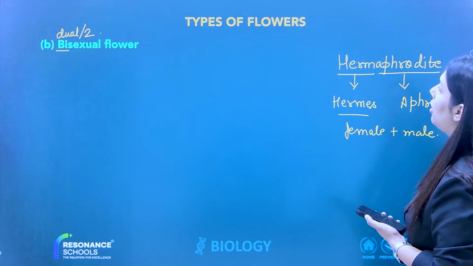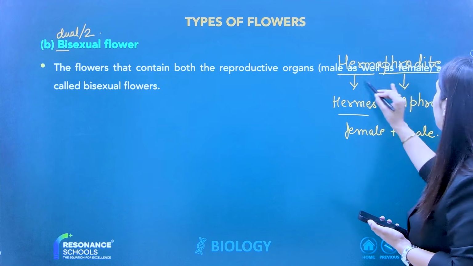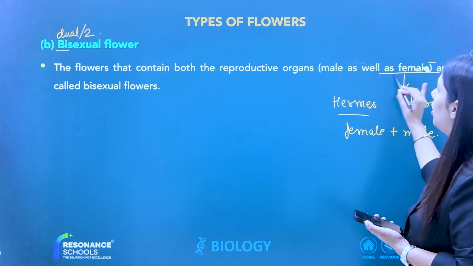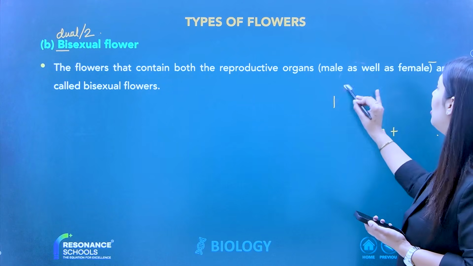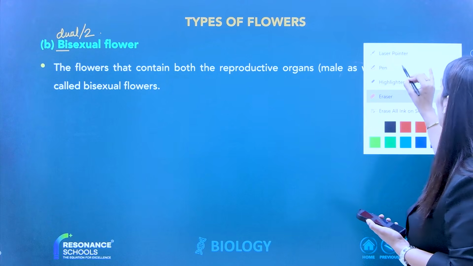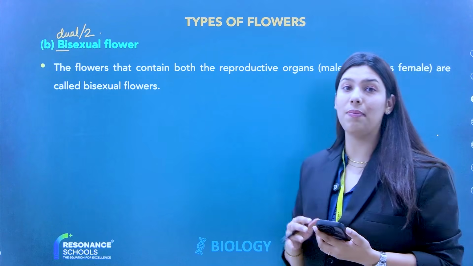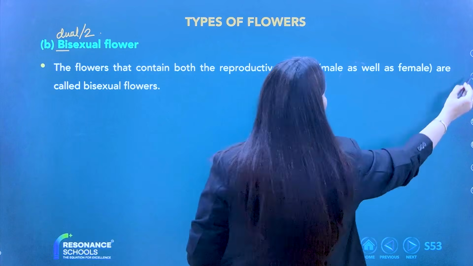Moving forward about the bisexual. The flower that contains both reproductive organs, male as well as female parts, is known as a bisexual flower.